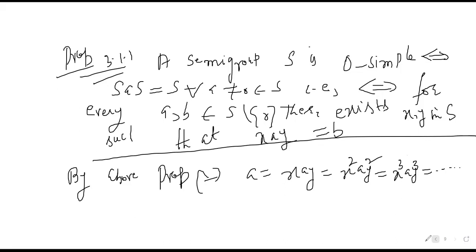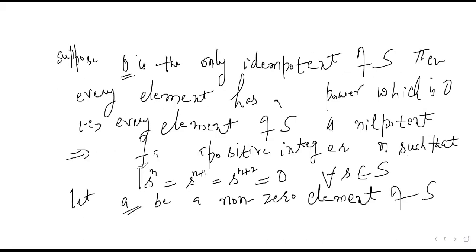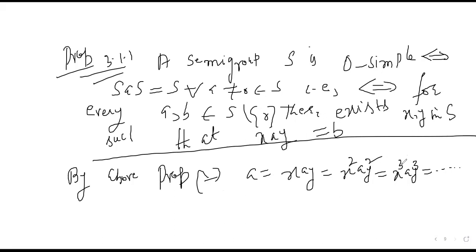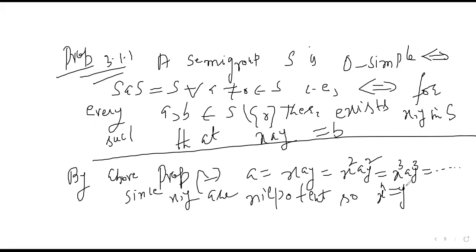But in our S, every element has the property that it is nilpotent, so you will find some positive integer such that the power becomes zero. In particular, x and y also have some power equal to zero, which means you cannot continue this process. You will ultimately reach a stage where you get a power of x and y which is zero. So therefore, since x, y are nilpotent, x raised to power n equals y raised to power n equals 0 for some positive integer n.